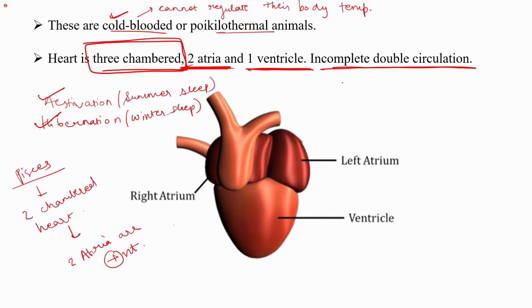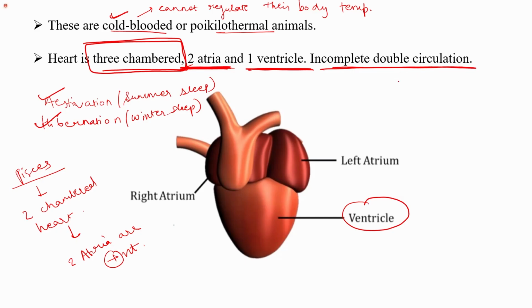When we discuss all the vertebrates in detail, we will see what kind of different circulation takes place. So it has a right atrium, a left atrium, and one ventricle only.